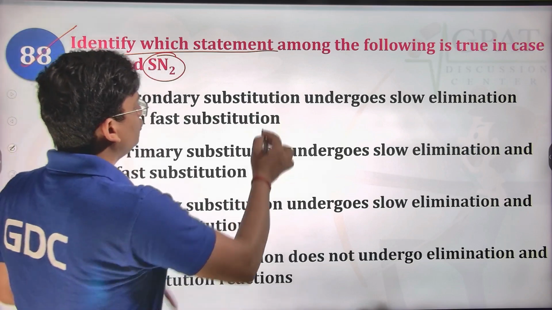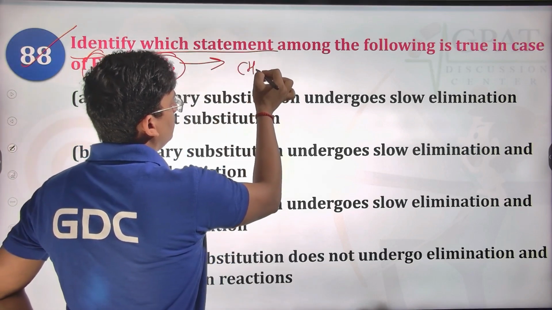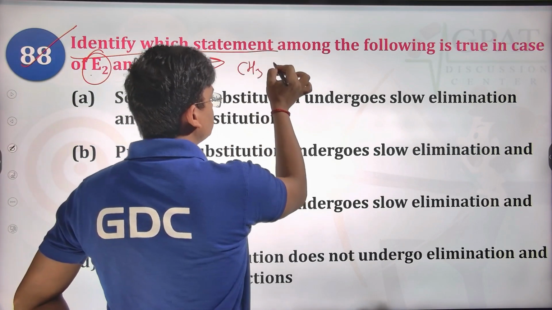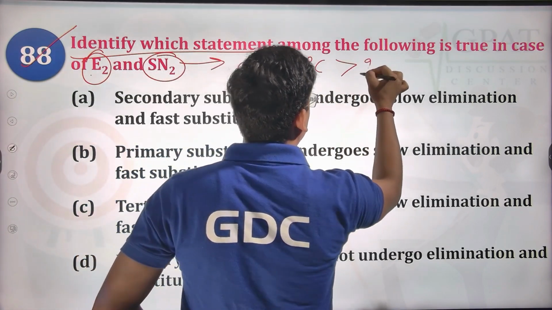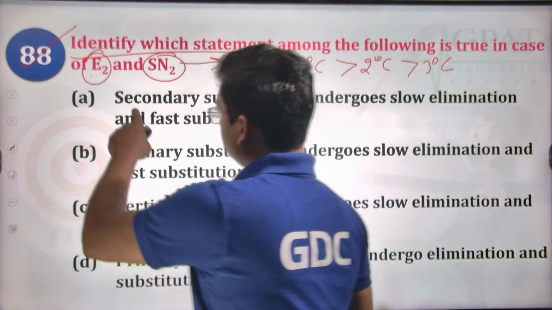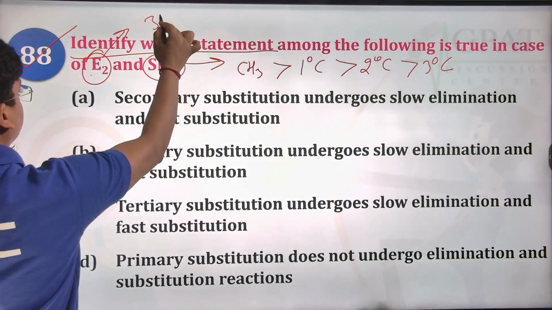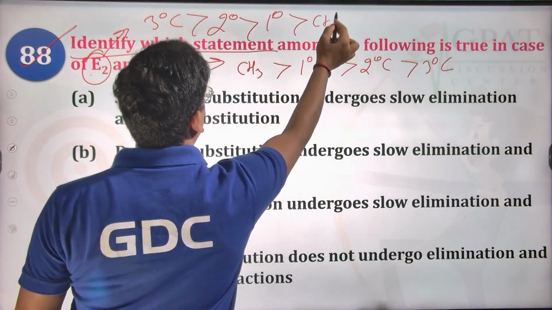So for the SN2 we have methyl fastest, then 1 degree carbon reaction, then 2 degree, then 3 degree. And for the E2 we have 3 degree, then 2 degree, then 1 degree, then methyl.